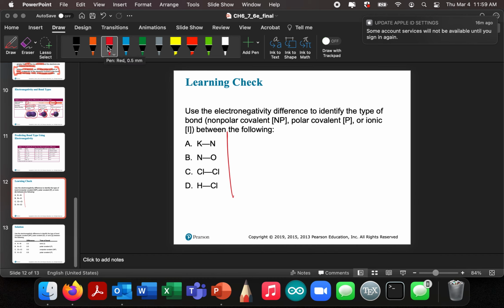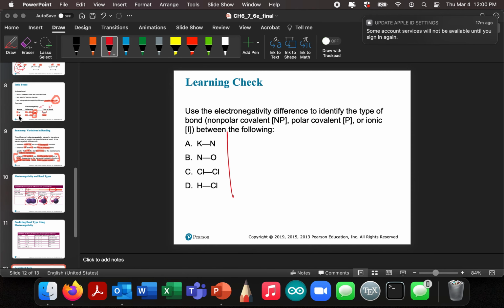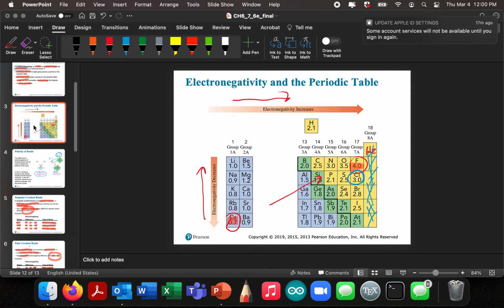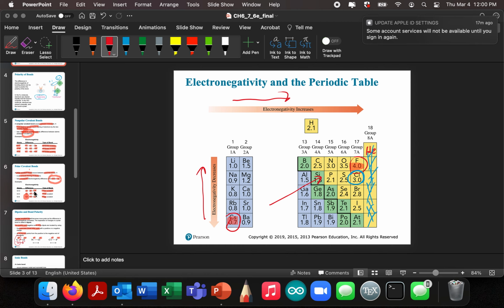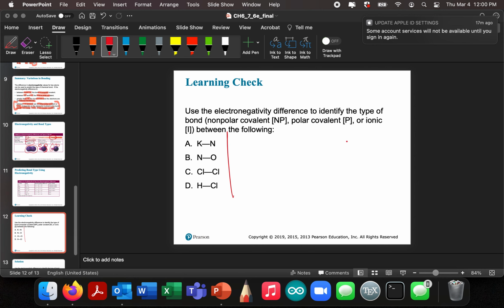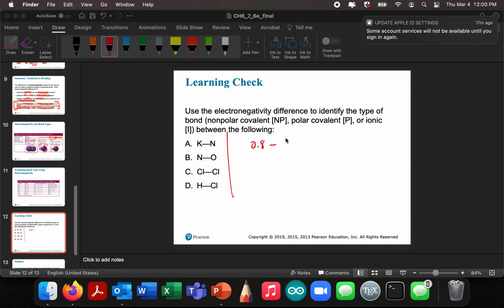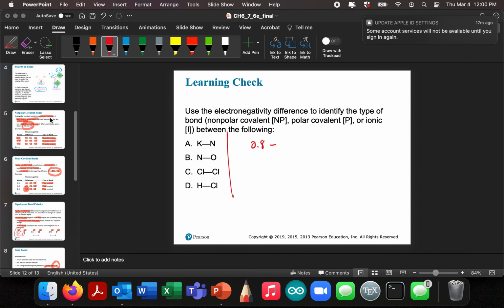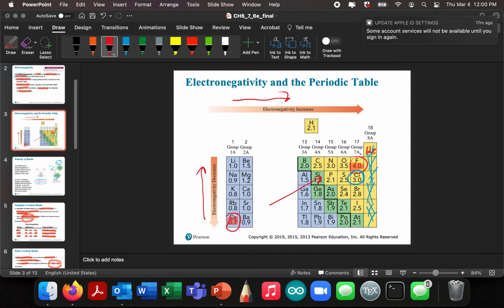Okay, I'm going to suppose that you did pause it. I'm going to look up the electronegativities of these elements. I remember chlorine, but I'm going to pretend like I don't remember and look them all up. Potassium is 0.8, and nitrogen is 3.0.